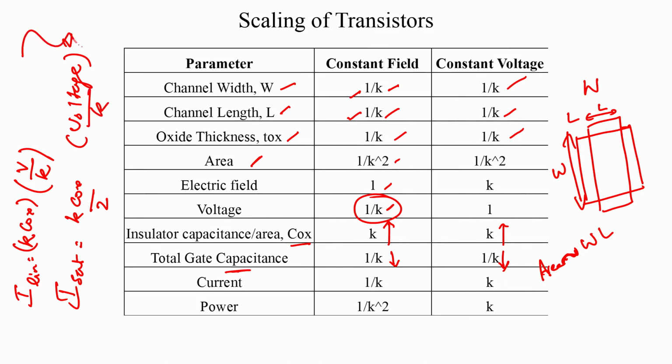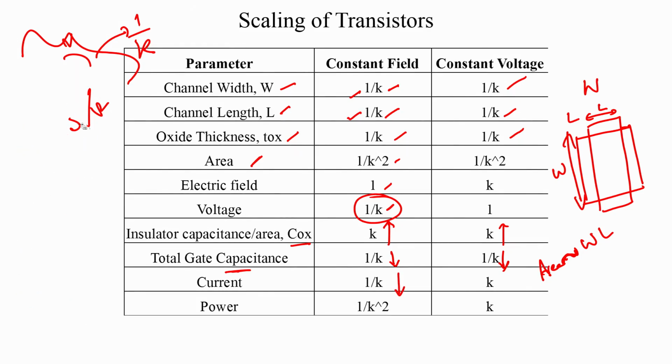In the case of constant field scaling the current has to reduce by a factor of K. You can see it is V square by K square into K Cox, and therefore, the current reduces by a factor of K.